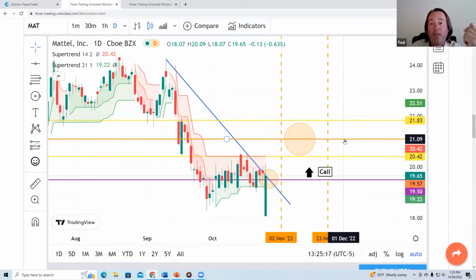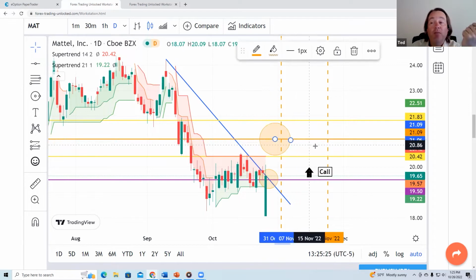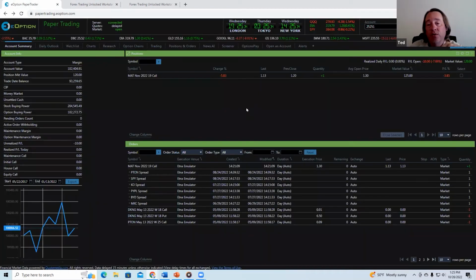That's $150. So let's do the math here. If you get a correction up to this area, maybe it even happens next week before the Fed meeting, if it gets up to there, then you would have $150 in premium in the price of this call option that you just purchased.